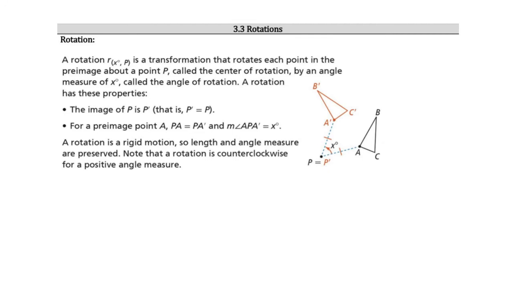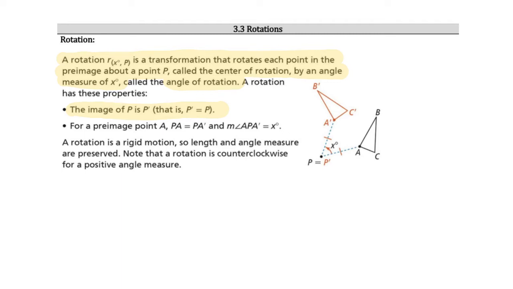Okay, so a rotation is a transformation that rotates each point in the pre-image around a point P, which is called the center of rotation, and is rotated by a certain angle measure called the angle of rotation. The image of P is P prime, same as we did before.